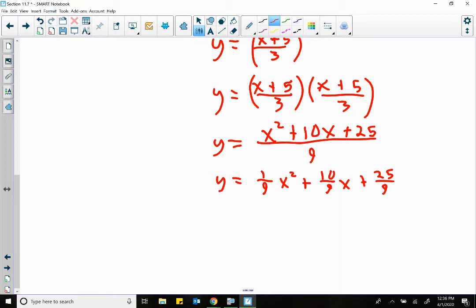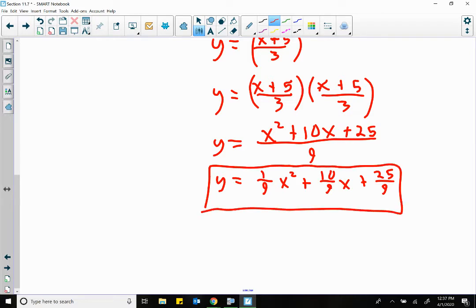This is the equation for a parabola, or in other words, a quadratic. And there you go. They're not trying to do anything really tricky in here, okay?